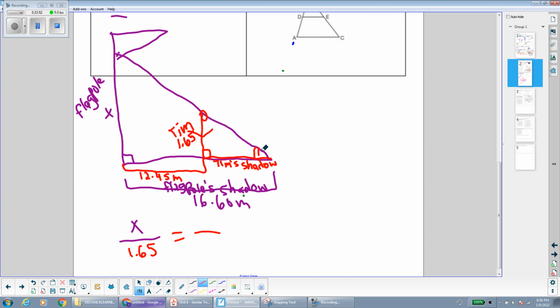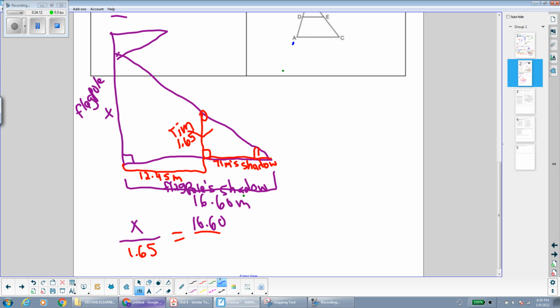Okay, so now let's take the other side we have information about from the big purple triangle. That's 16.60. That's the flagpole shadow. And we're going to put that over Tim's shadow. So I need to figure out the length of Tim's shadow.